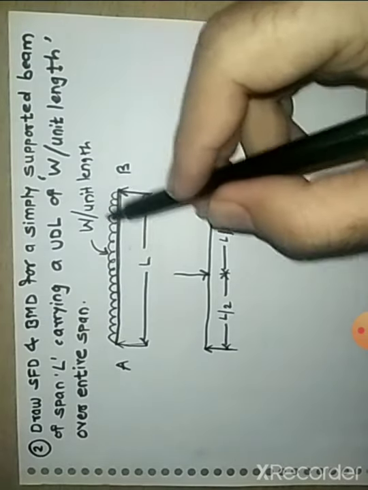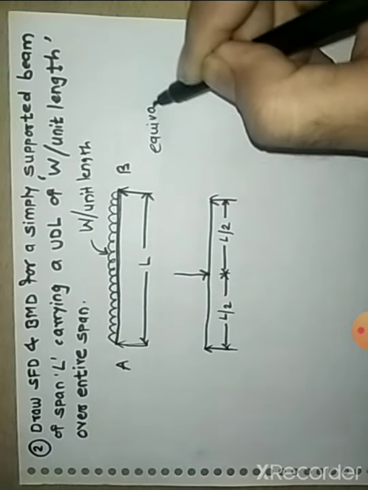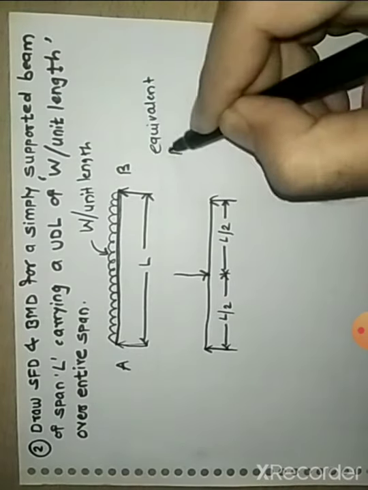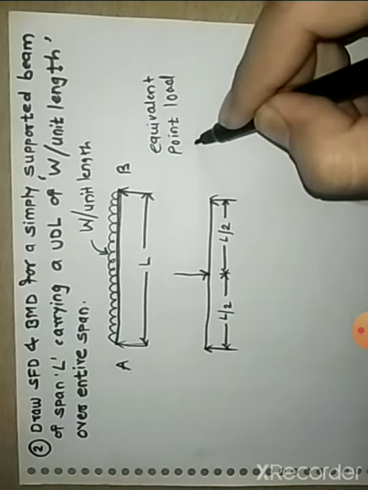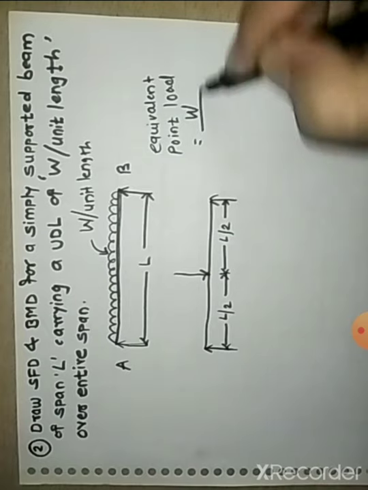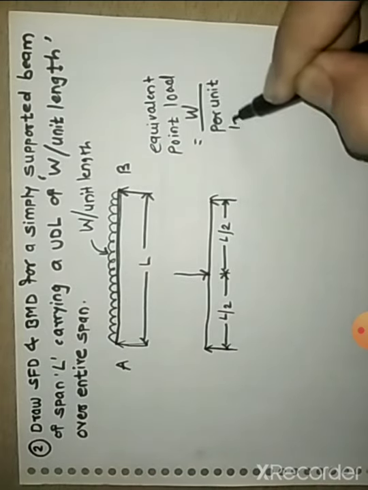So the equivalent point load is equal to W per unit length.